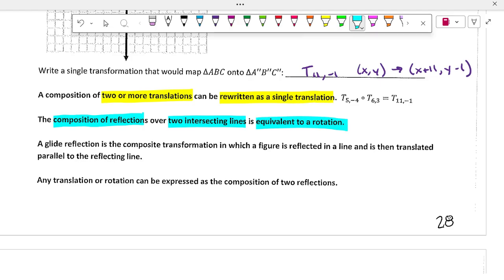So what's my next line of reflection? x equals 2, and is that vertical or horizontal? Vertical. So it's 2 away, so I go 2 on the other side. Isn't it 4, -3?